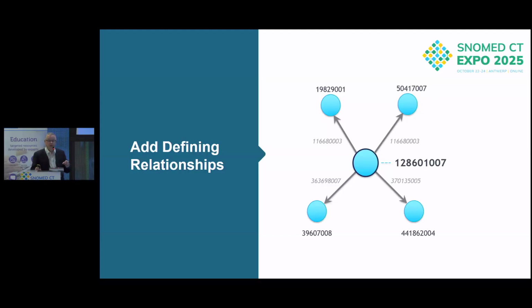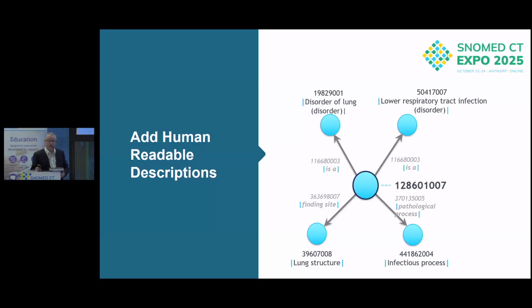So at the moment, it's probably not making too much sense in terms of human readability, but you've got a code that's related to other codes. That's good for automation, though, because a computer would understand it, but how would a human understand it? Well, we then add descriptions to it. So each code has a set of descriptions. Now you can see that the concept we're looking at in the middle has relationships.